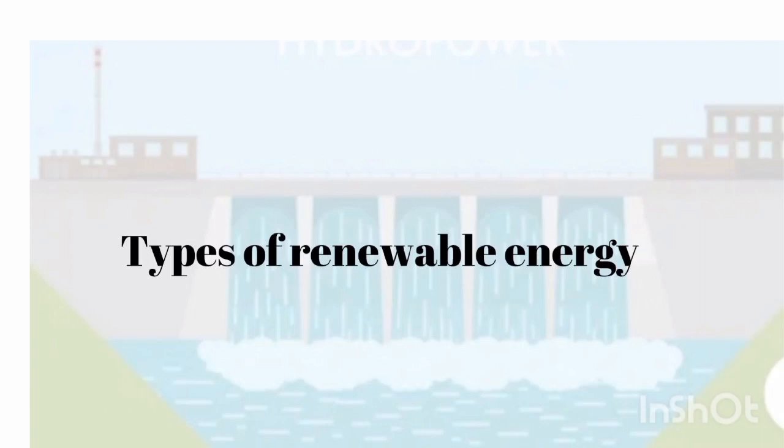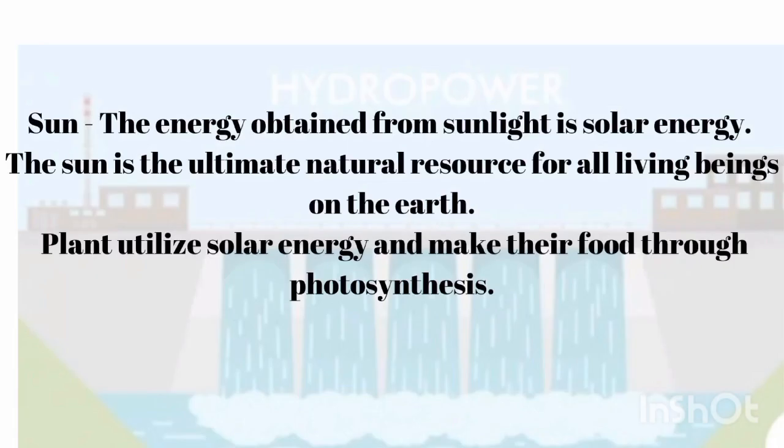Number 1, sun. The energy obtained from the sunlight is known as solar energy. The sun is the ultimate natural resource for all living beings.